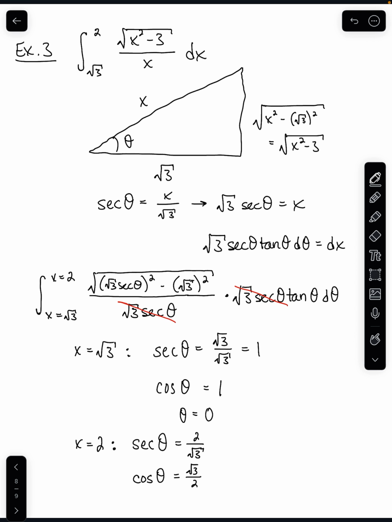Staying within our restrictions, also given that we are dealing with a value that must be larger than the other limit of integration, because 2 is larger than the square root of 3, the theta value that corresponds to 2 must be bigger than the theta value that corresponded to the square root of 3. Thus, the only value of theta that can work here is pi over 6. In this way, we have definitely stayed within the restriction that theta must be between negative pi over 2 and positive pi over 2.